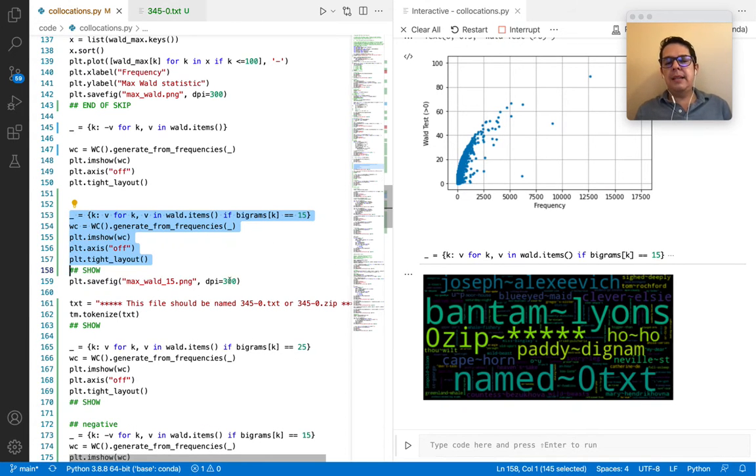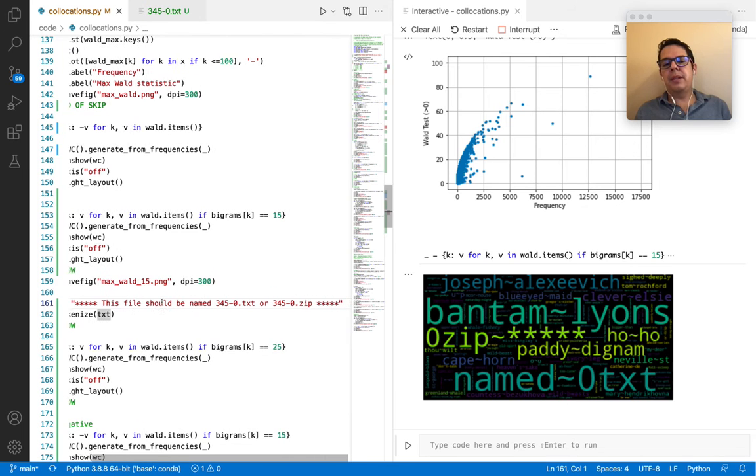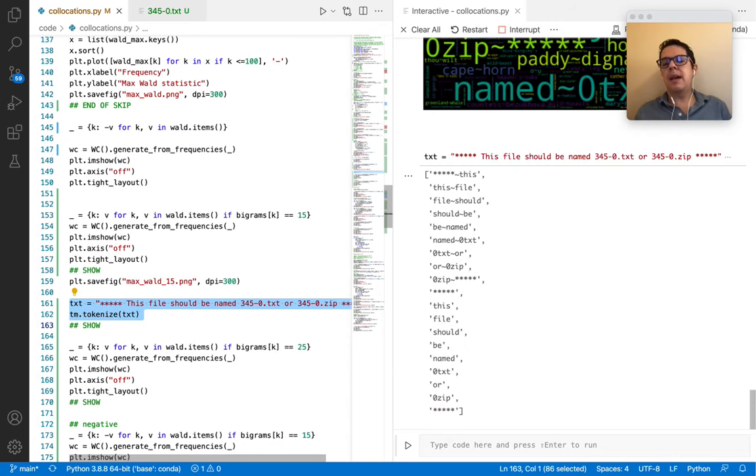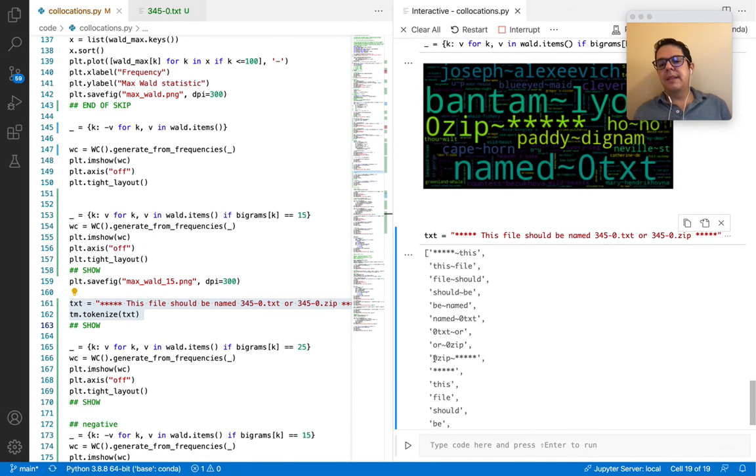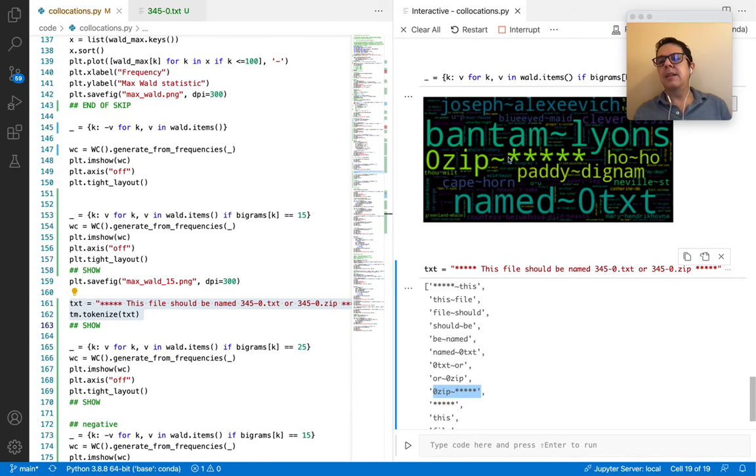What we can do to see the pattern is tokenize this expression, this sentence, and see what happened. If we tokenize it, what we can see here is this pattern that we are seeing in this word cloud.